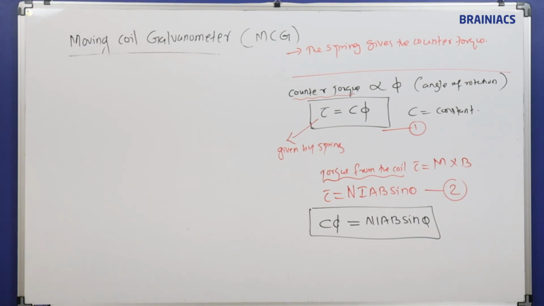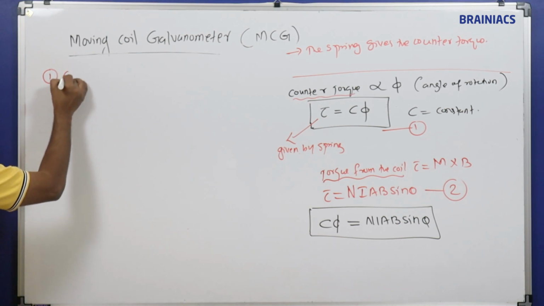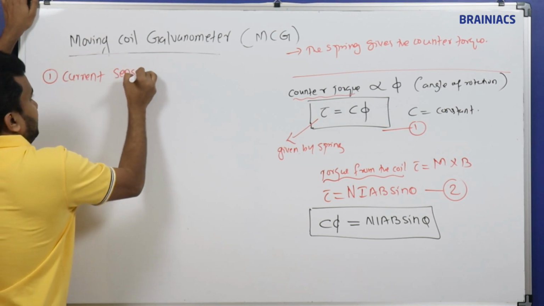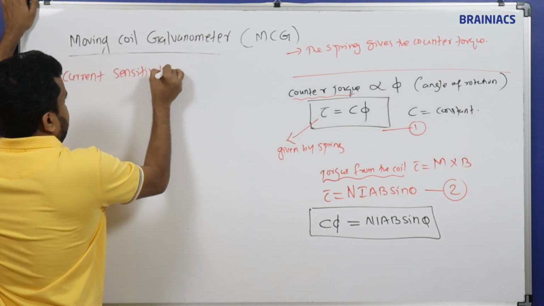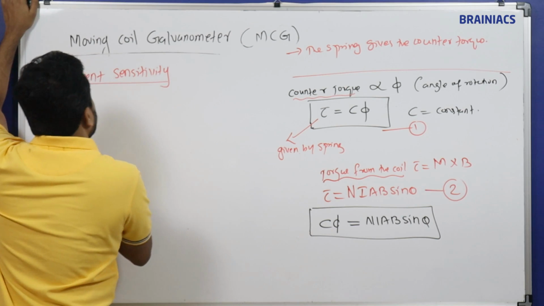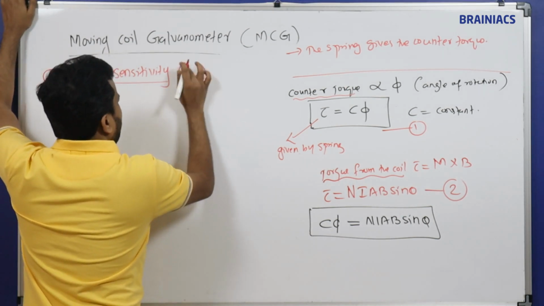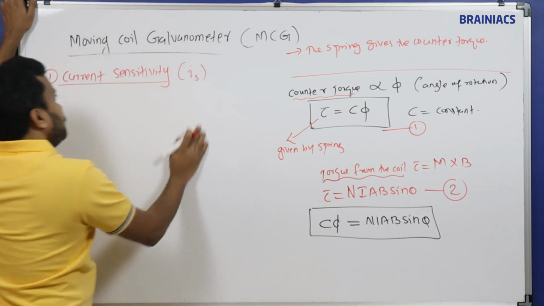So let's go to the first term associated with the galvanometer. The first term is called current sensitivity. For simplicity, I am writing it as IS. Different books use different notation, but I am using IS.